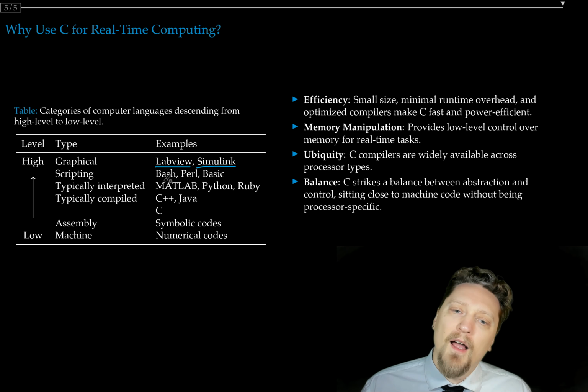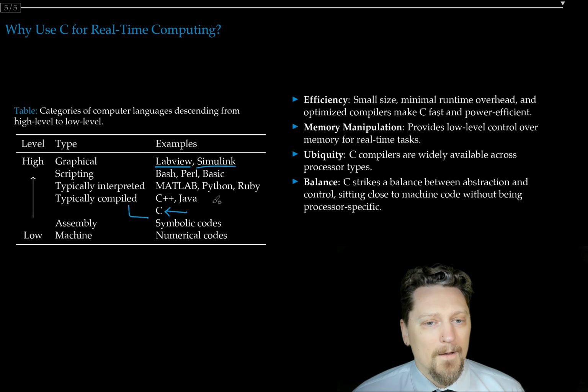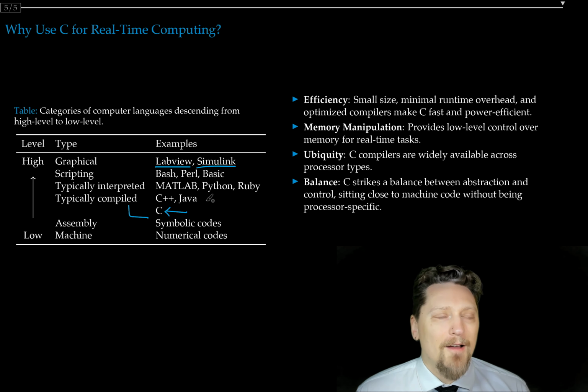And then C, we're putting that right above assembly language and below the typically compiled languages, although it is a typically compiled language, it would include C as well, but it's a little bit lower level than C++ and Java. These have some higher levels of abstraction going on than C does.